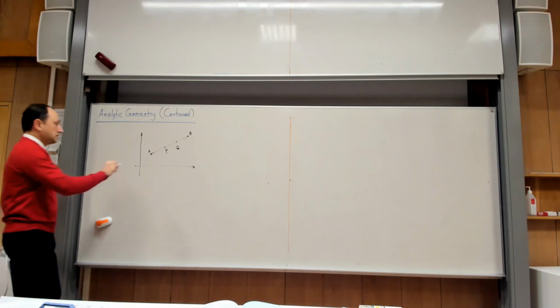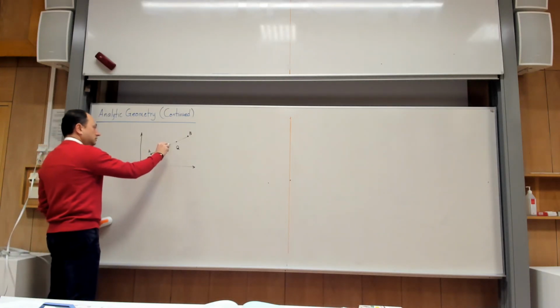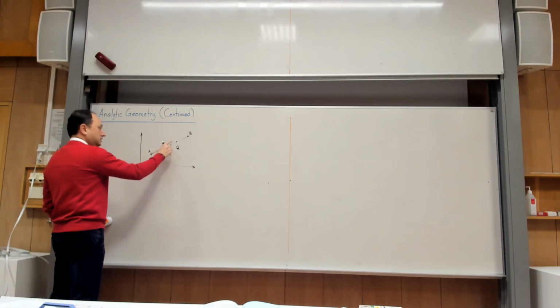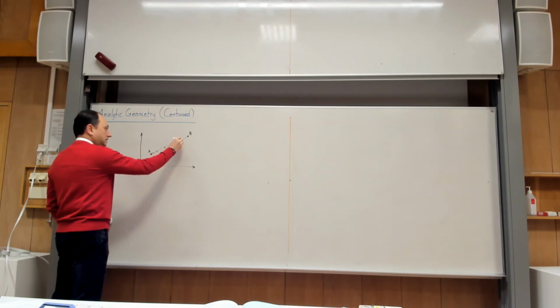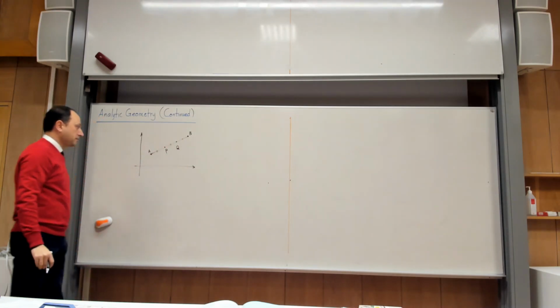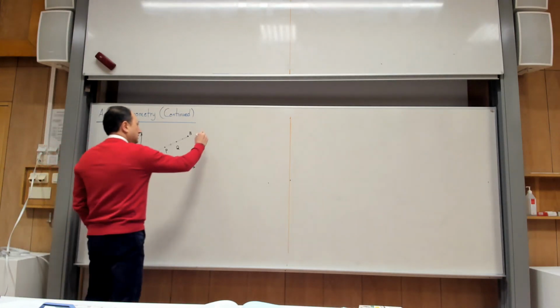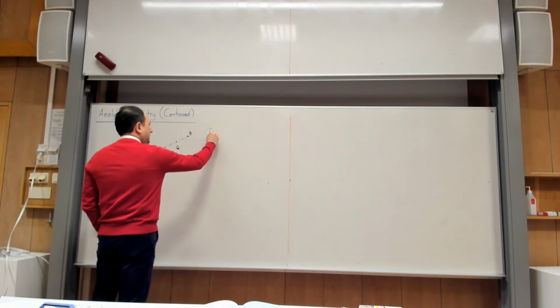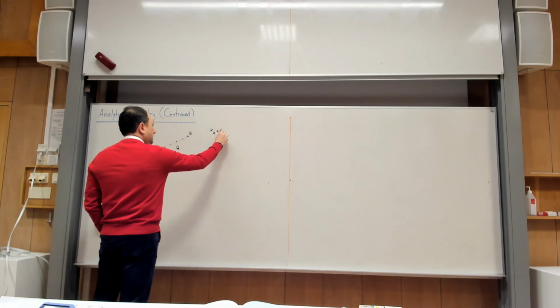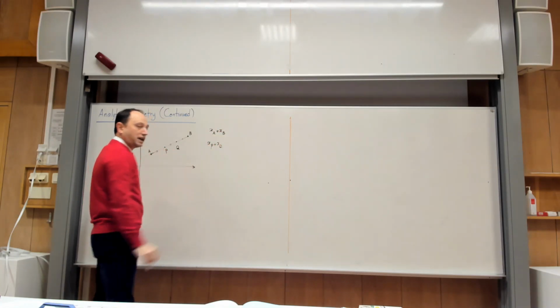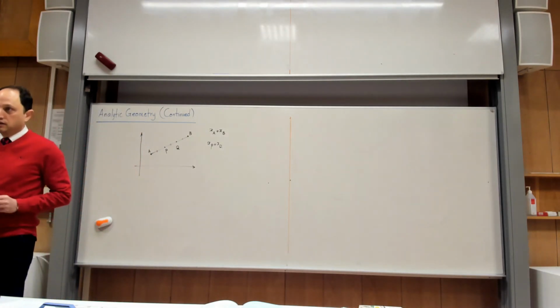So this line segment is equal to this line segment. The length of this is supposed to be equal to this and equal to this. You can assume that. Can you convince me what is the relation between XA plus XB and XP plus XQ without doing any calculations? Yes?